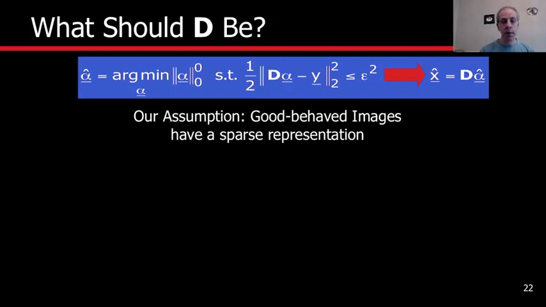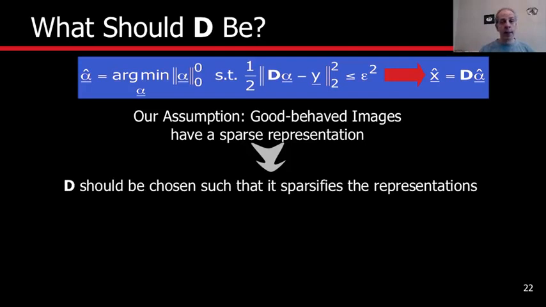The assumption in image processing is that images behave in a sparse fashion. And we have already seen examples of that using, for example, JPEG, or even this exaggerated example of putting all the images as part of the dictionary. So how do we design a dictionary?